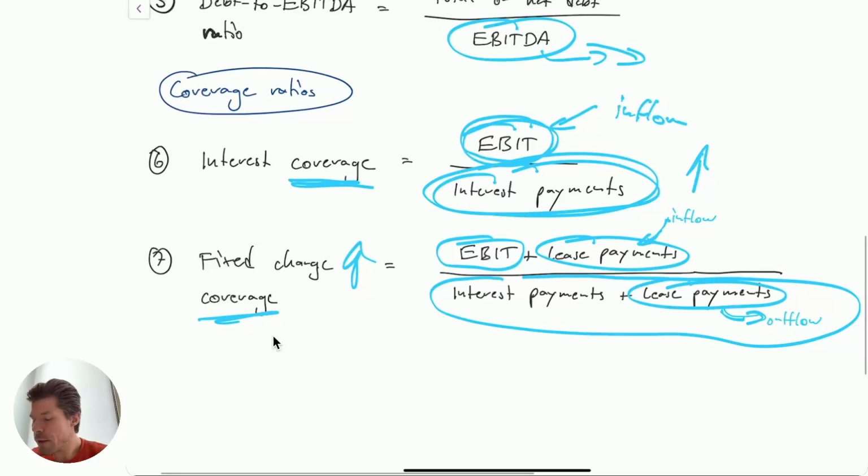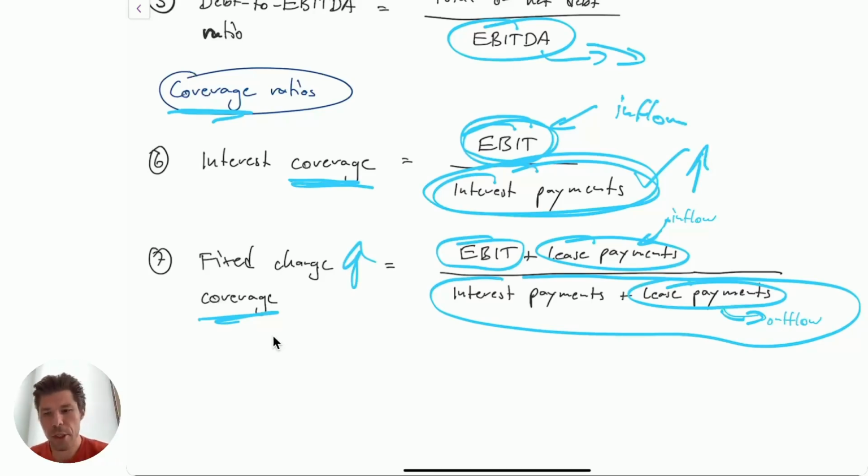There are additional formulas. Maybe I'll do another video purely on coverage ratios where you use free cash flow to be very specific about how much free cash flow is available to pay your interest, sometimes used to pay your interest plus paying down your debt, debt service ratios, and so on.